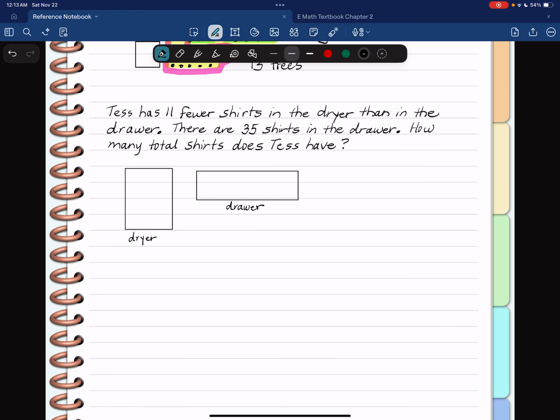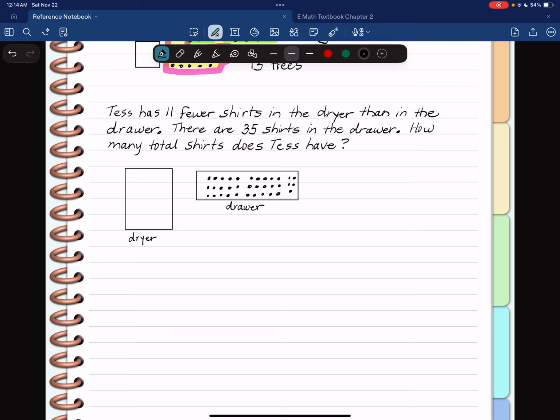All right, so I'm going to draw 35 shirts. 1, 2, 3, 4, 5, 6, 7, 8, 9, 10, 11, 12, 13, 14, 15, 16, 17, 18, 19, 20, 21, 22, 23, 24, 25, 26, 27, 28, 29, 30, 31, 32, 33, 34, 35. That's in the drawer.